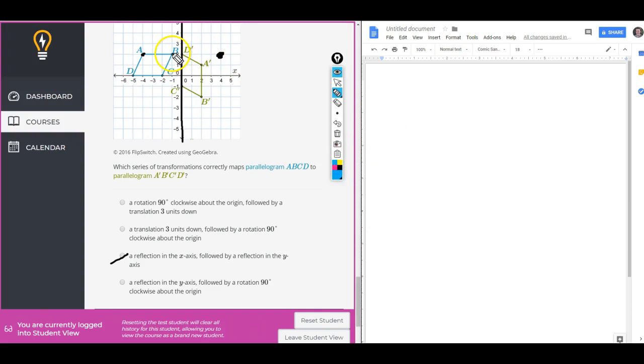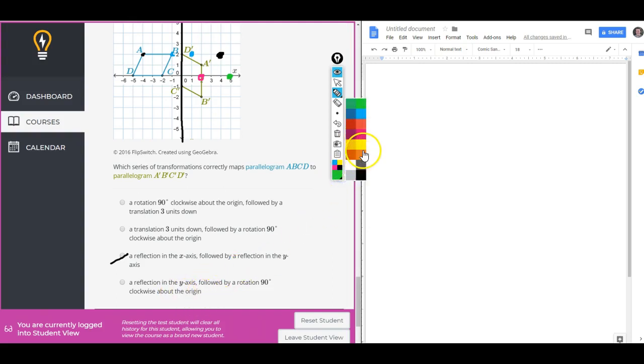And point B is 1 unit to the left, so it would be 1 unit to the right. C is 2 units to the left, so it would be 2 units to the right. And D is 5 units to the left, so now it'll be 5 units to the right. So that's the reflection in the y-axis, followed by a rotation 90 degrees clockwise about the origin.